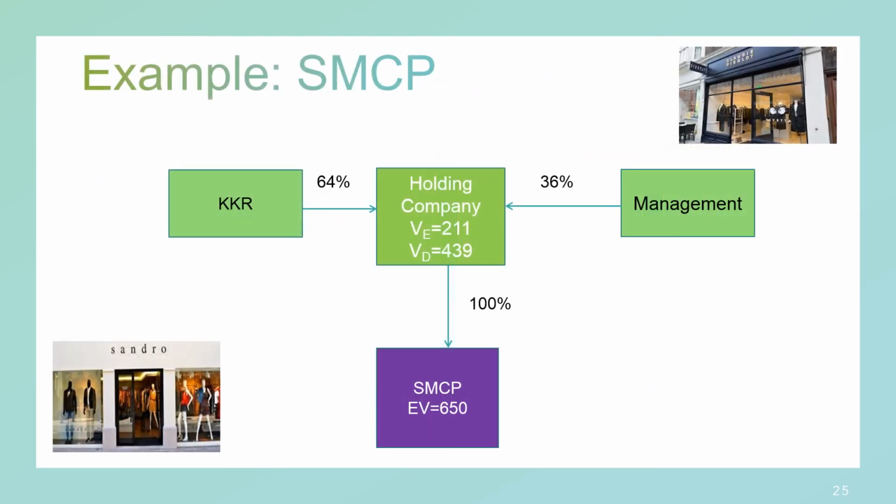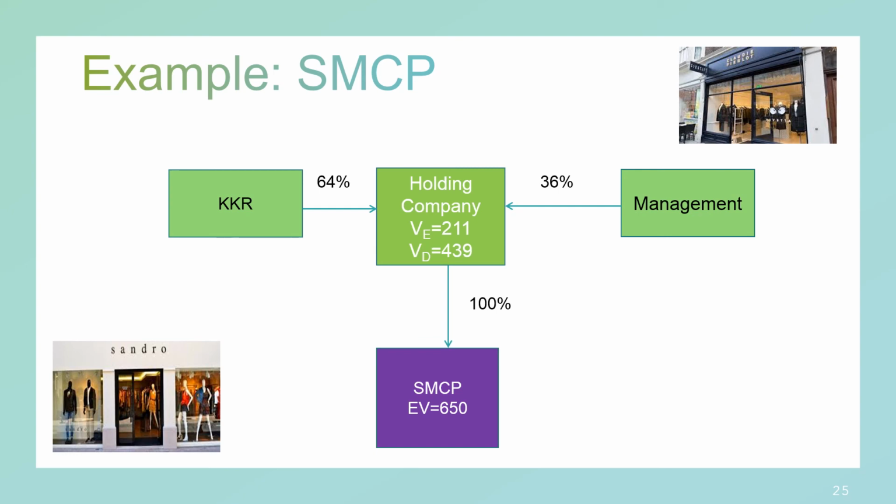This slide shows an example of the structure of a leveraged buyout. SMCP is a French apparel retailer. KKR is a private equity firm. KKR and the management team purchased SMCP through leveraged buyout in year 2013.